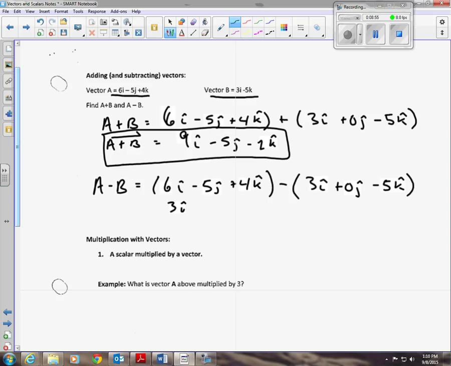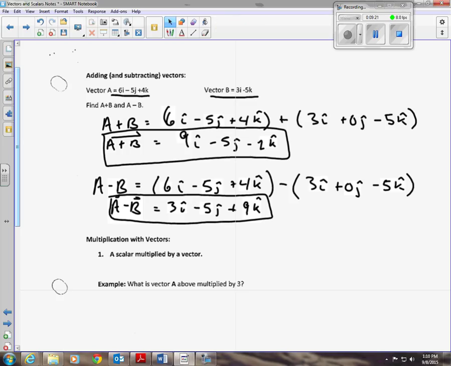Minus 5j minus 0j is minus 5j. And then 4k minus a negative 5k is plus 9k. So part of the reason that we use this ijk notation is it makes it very easy to add and subtract vectors, and also to multiply vectors, which we are going to learn in the next couple lessons.